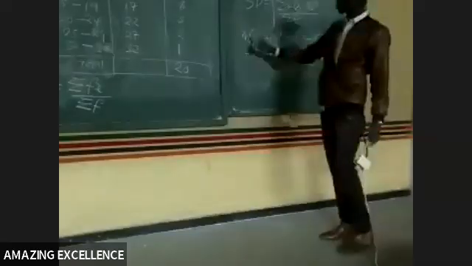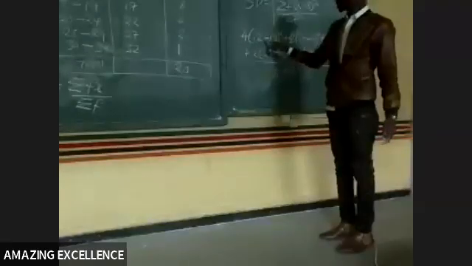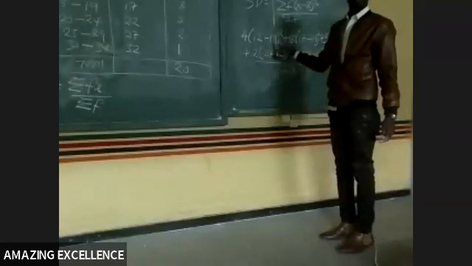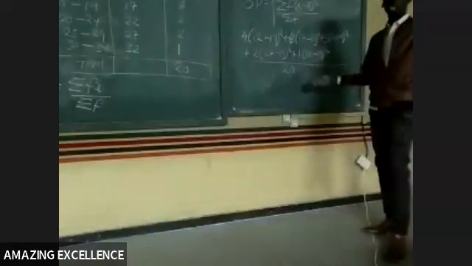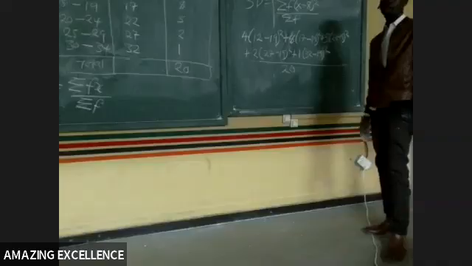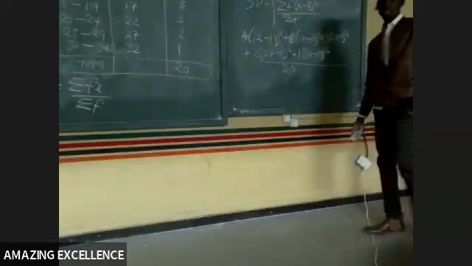So the first frequency was 4, multiplied by the midpoint minus the mean, which is 19. You square that. You keep on repeating this, then you have the answer, over the total frequency, which is 20. Is that clear to the one who wanted us to repeat?